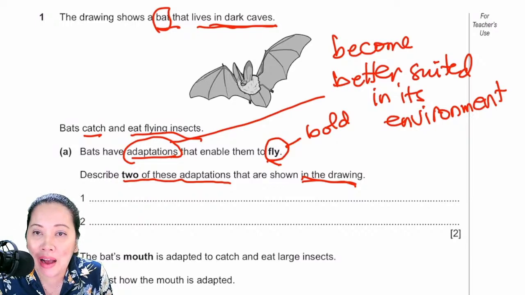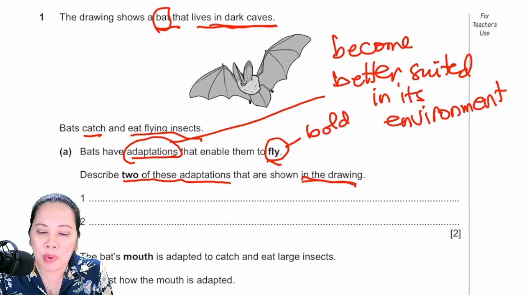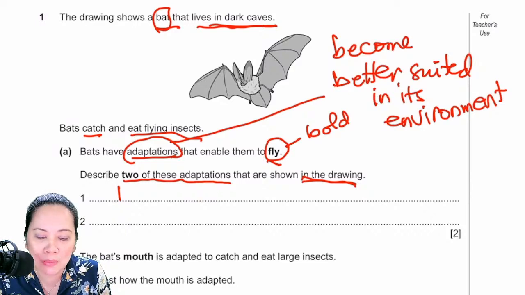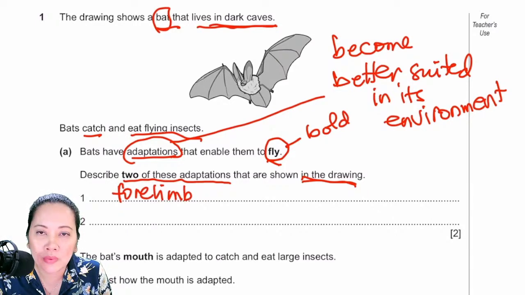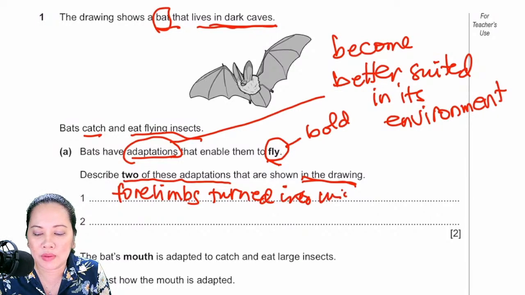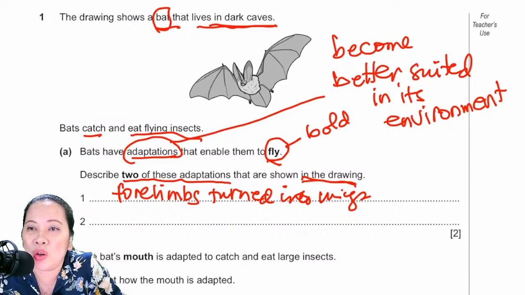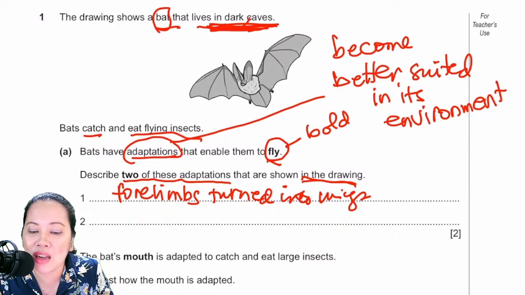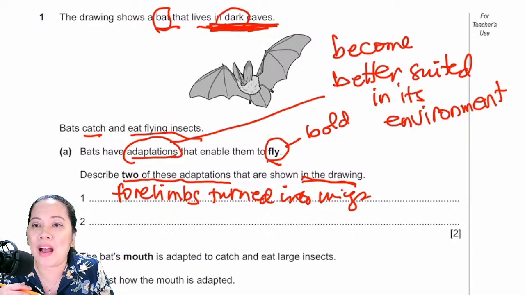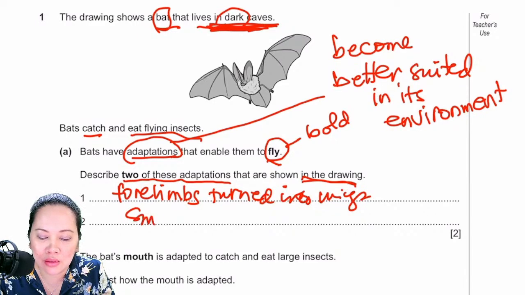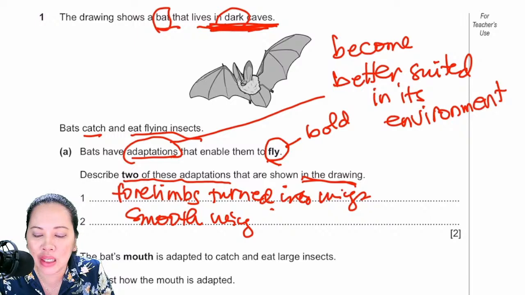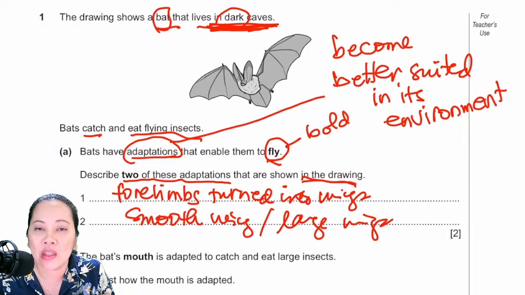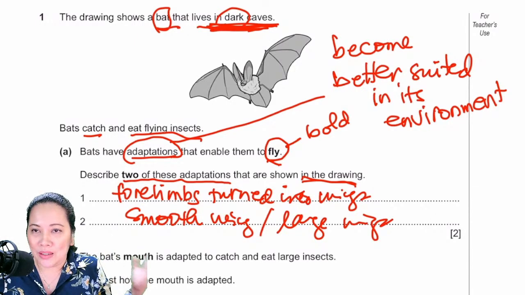So probably their four limbs turned into wings. That means they grew their wings. Or you could say, because they live in dark caves, probably they will have smooth wings. Or you can say large wings. So they're able to adapt.